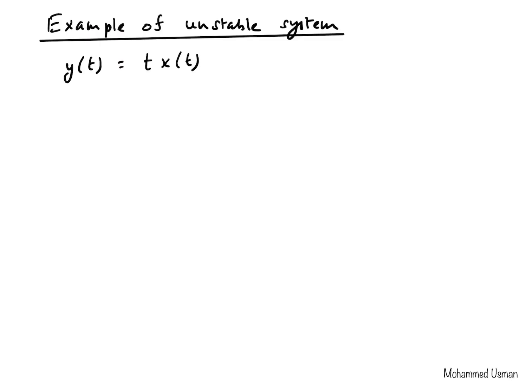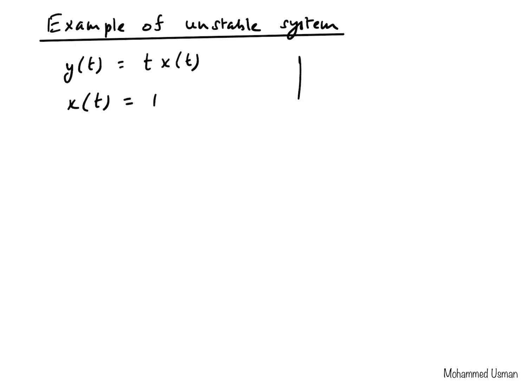To check whether a system is stable or unstable, we can use a very simple input signal x of t and check whether a bounded input gives a bounded output y of t. Let's say the input x of t is a constant, equal to 1.